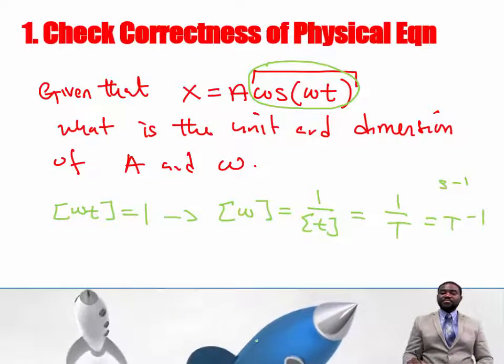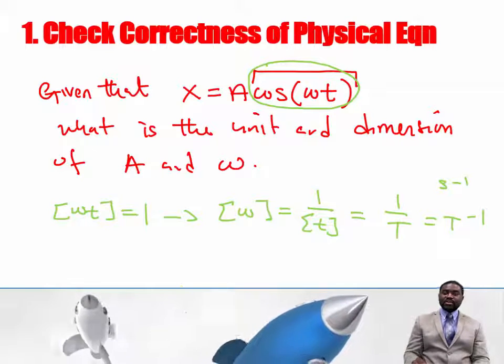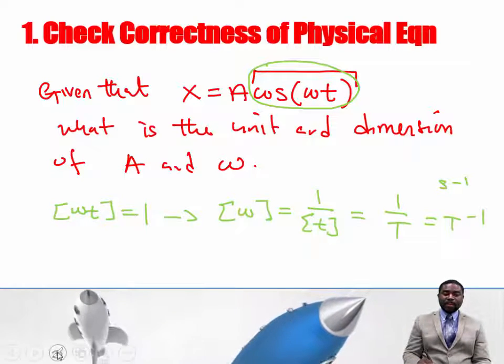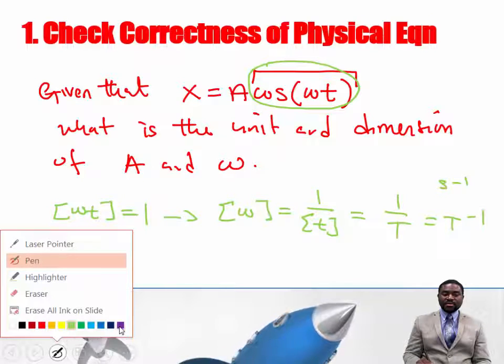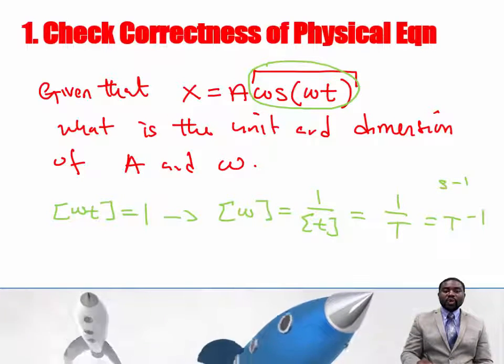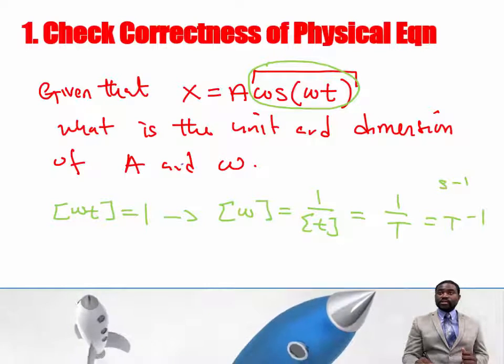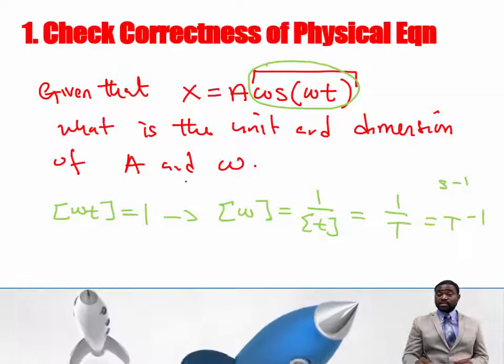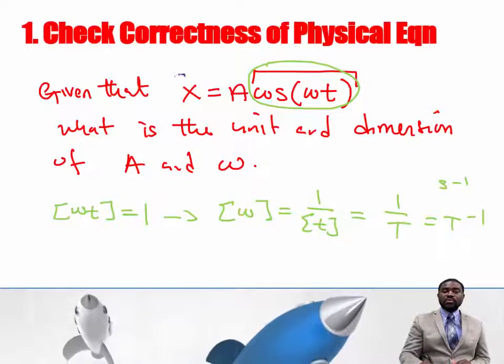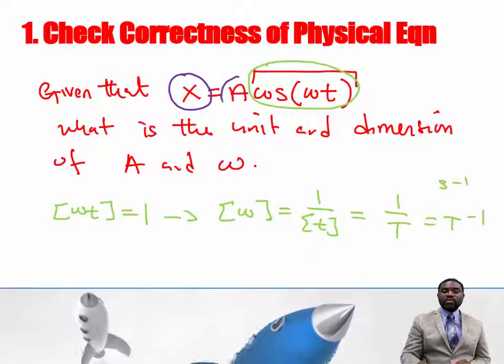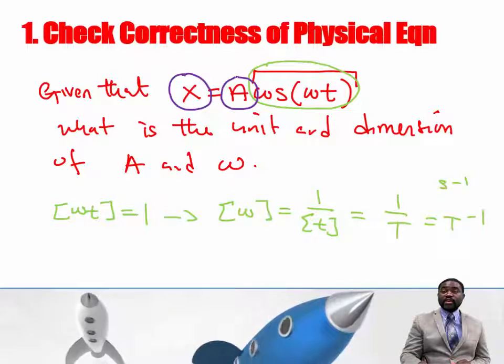Now the next, look up everybody. We can only equate two things with the same dimensions. So we have equated x with the quantity a.